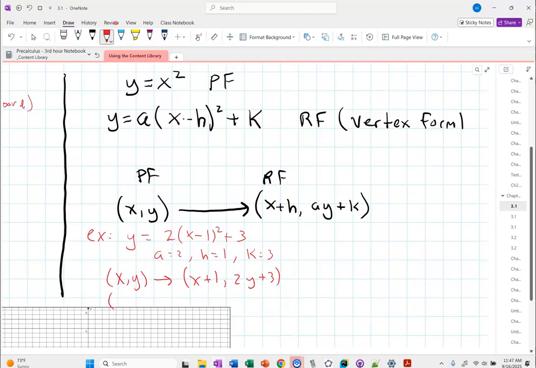So if I wanted to take some point from my parent function like (1, 1), I would just plug the 1's in for x's and y's, and I get a new point that I could plot on my resultant function. You kind of remember doing something like that in your Algebra 2 class? We're going to use the same method when we start graphing here.